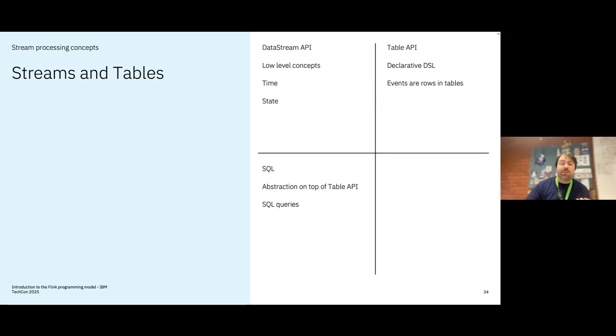And then the final abstraction on top of that is a SQL layer. So at this point, you're not even really writing applications per se. You're writing SQL code that represents a series of selects and inserts and temporary views, a top level abstraction on top of the Table API that allows you to just run queries rather than building applications.